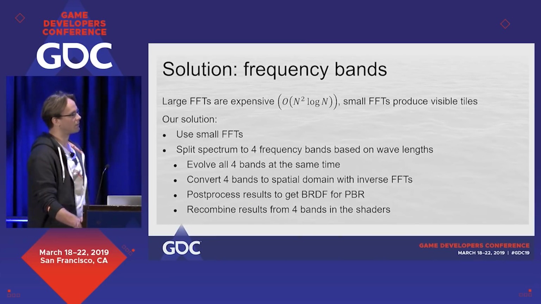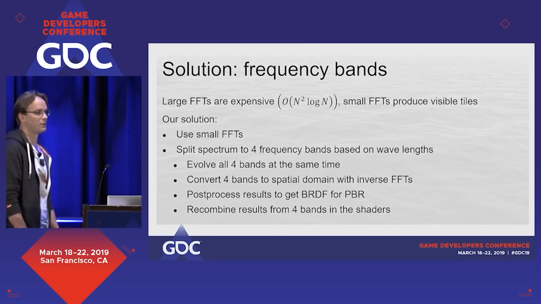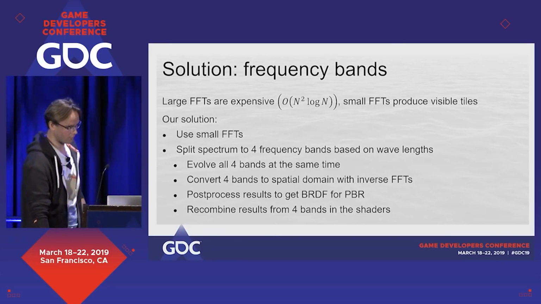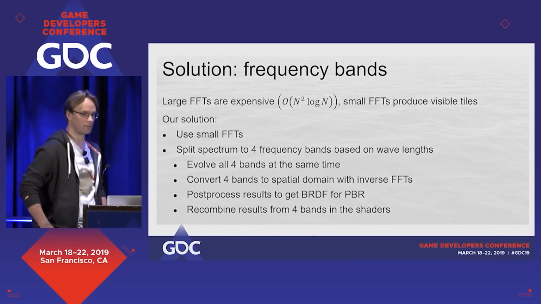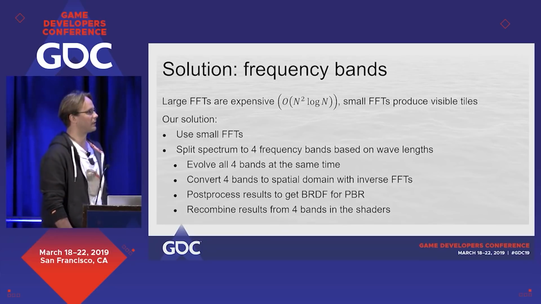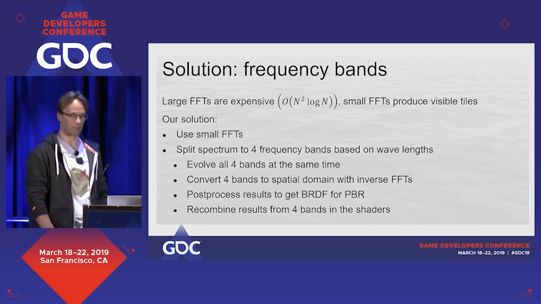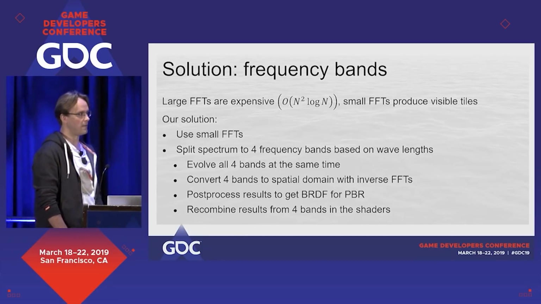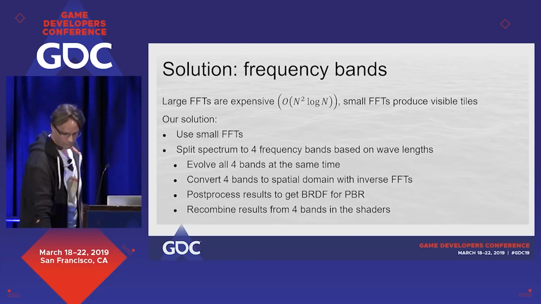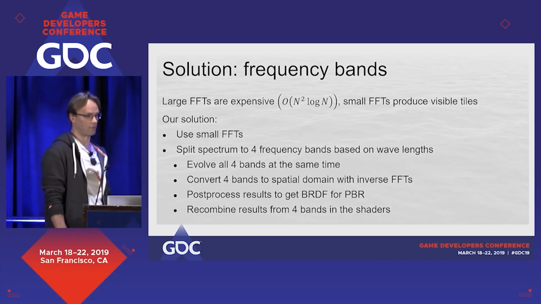To fix that, we use an advanced approach. So what we do is we still use small FFTs, but we do split our spectra to several frequency bands. We decided to go with 4 frequency bands, and each frequency band for us stores the wavelengths of certain range.